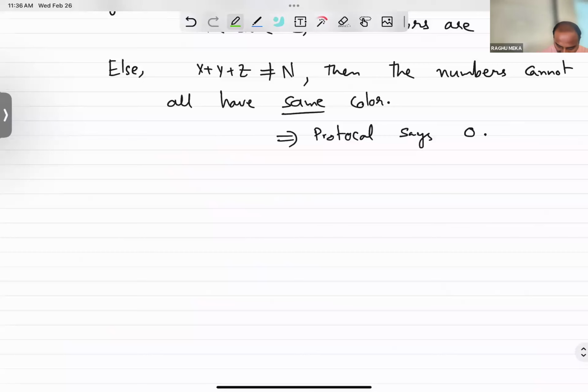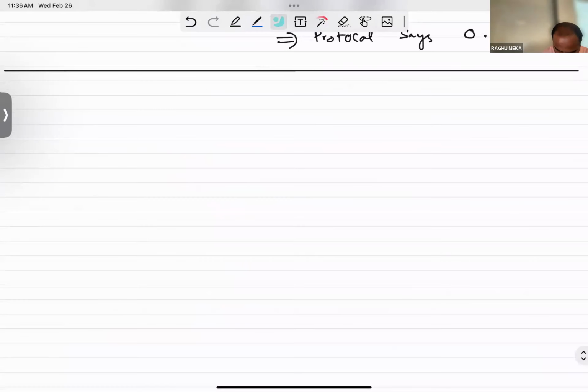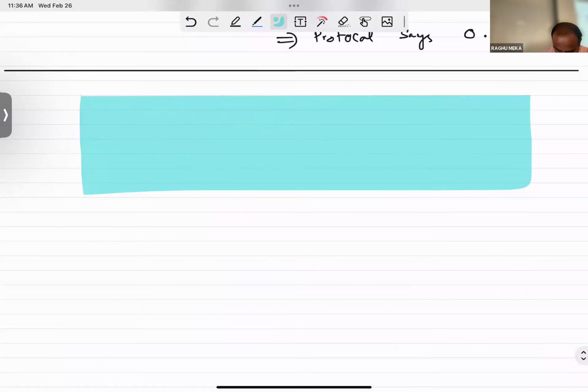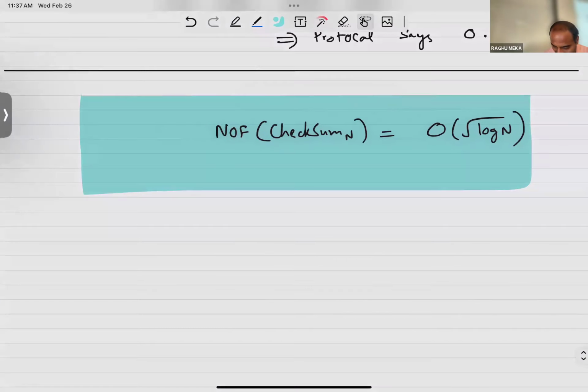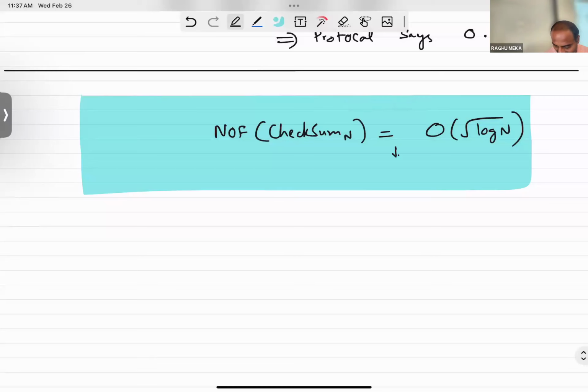All right. So in summary, what did we show? We showed that the NOF complexity of checksum on n is O of square root log n. And you might wonder, what's the actual answer? Is this the right answer or not? This is from 83.